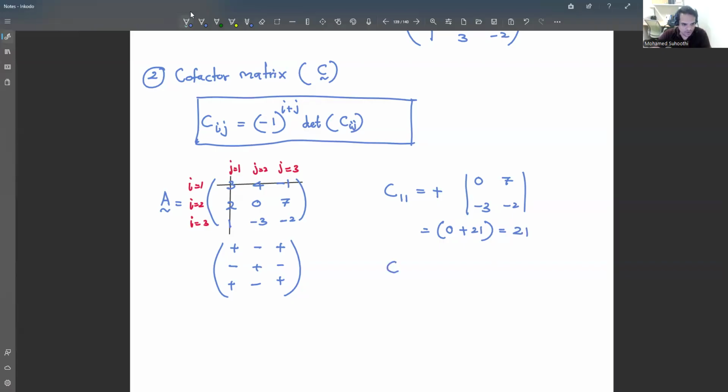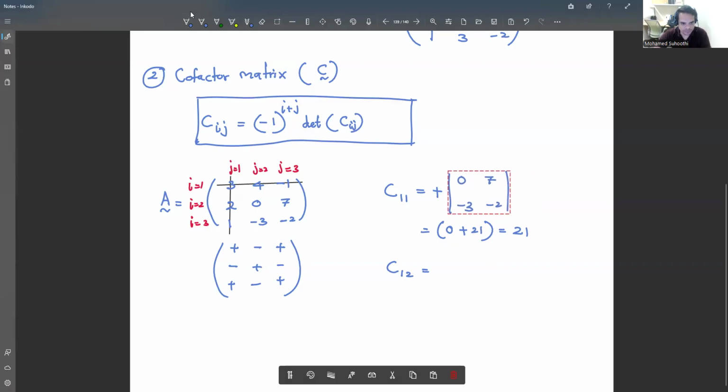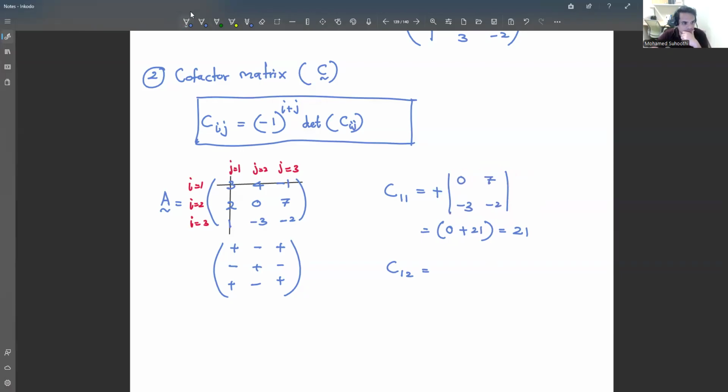Similarly, let's say you are going to calculate C12. Okay, this is determinant. Here, the second, the cofactor sign, right? Minus. Minus is the cofactor sign. Then second one, so now what you will do?